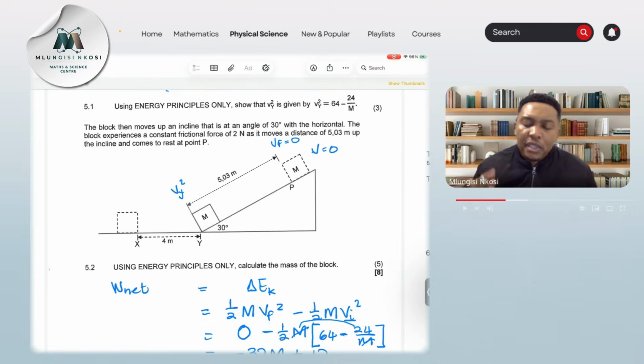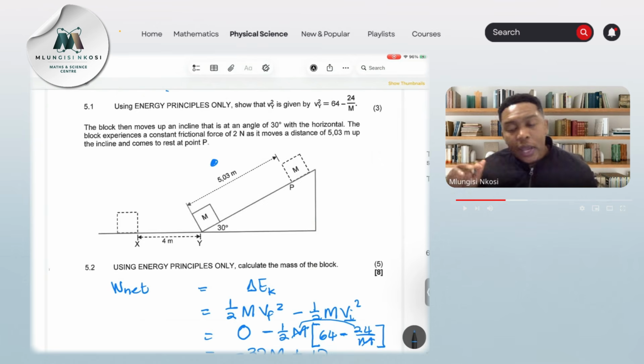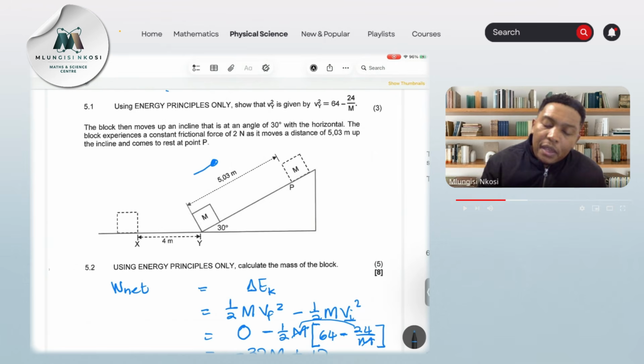Now please let's quickly check. What are the forces that are acting on this block as it goes up the incline? So I know we are not going to have an applied force. It means it will be frictional force, but that friction is also working together with the parallel component of gravity.